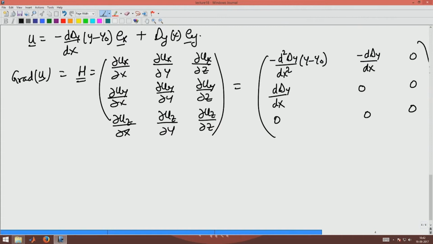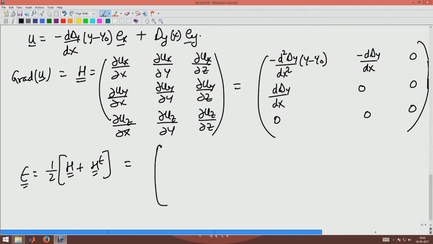Now the linearized strain, as we saw before, is given by one half h plus h transpose, which in this case happens to be given by this matrix.